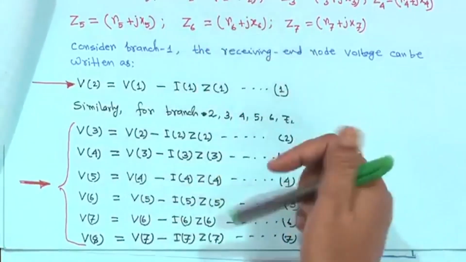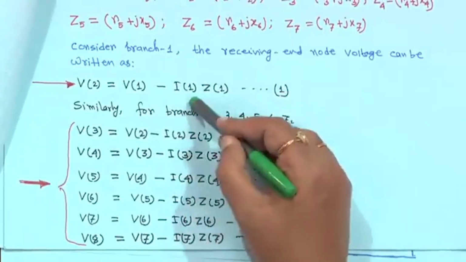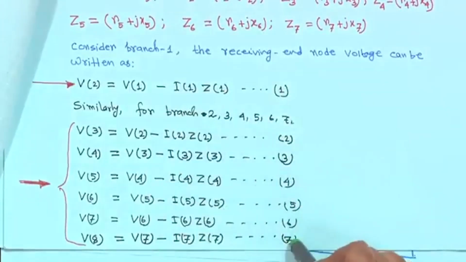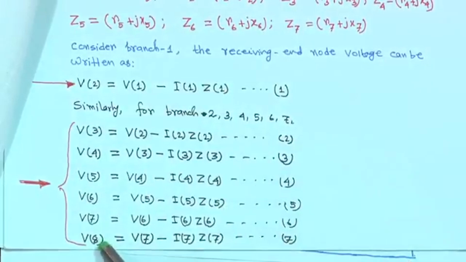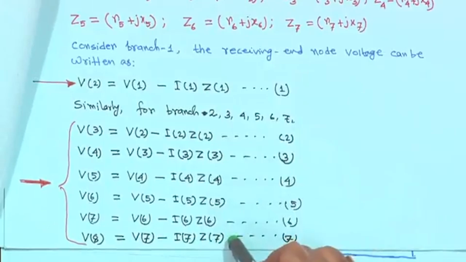But in code, you have to compute the initial values of the currents before computing these equations. As we have 7 equations, in general if the last node is NB, it would be VNB equal to VNB minus 1 minus INB minus 1 times ZNB minus 1. But anyway, as all nodes are there, we have taken it like this.